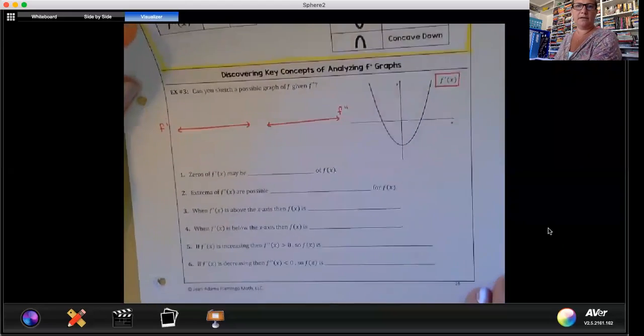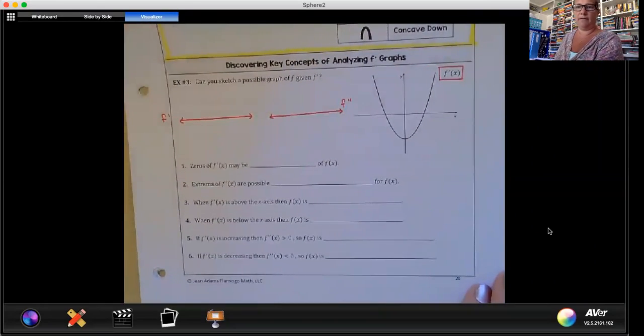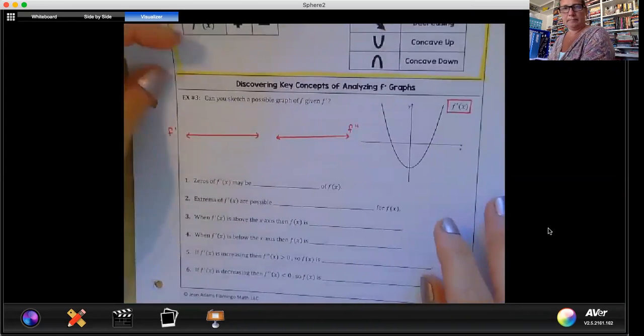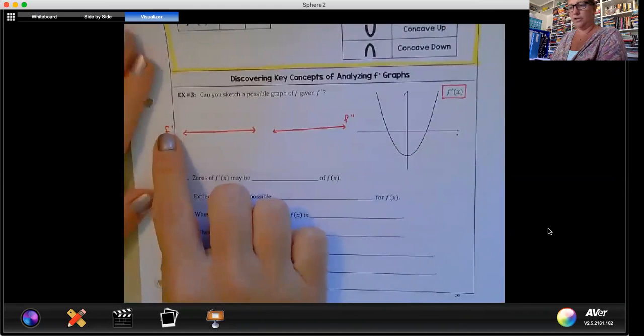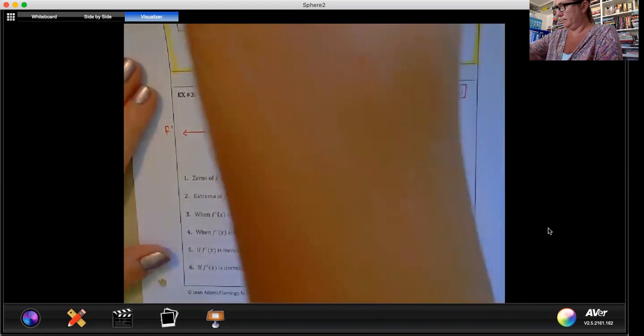Discovering key concepts of analyzing the graph of f prime. So notice you are given the graph of f prime, and we're going to have a sign chart for f prime and f double prime.